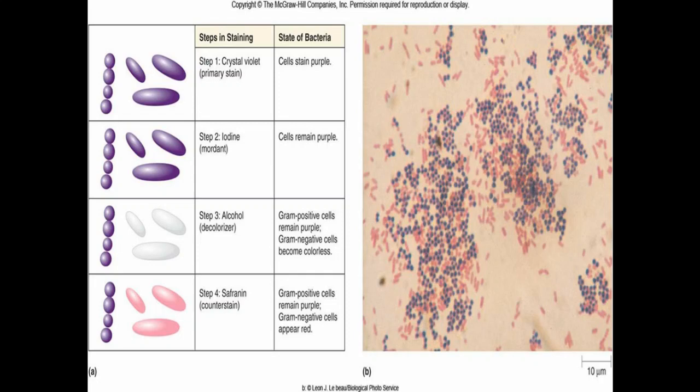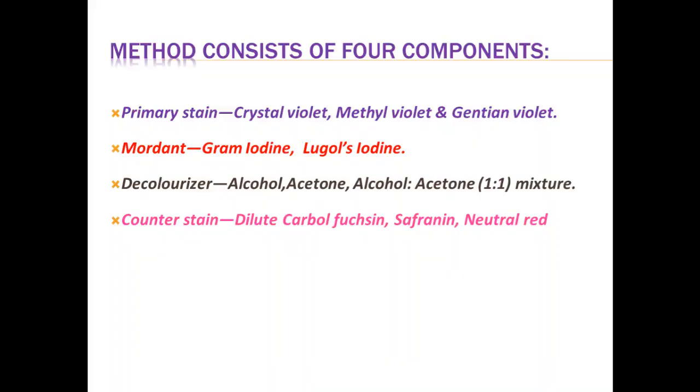Now when the counter stain called safranin is added, since the gram positive cells are already saturated with crystal violet iodine complex, they will not take up any more counter stain, and the gram positive bacteria will already be purple in color, whereas the gram negative bacteria, since they became decolorized in the third step, will take up the counter stain safranin and appear pink or red in color. So this is the basic principle involved in your gram staining technique.